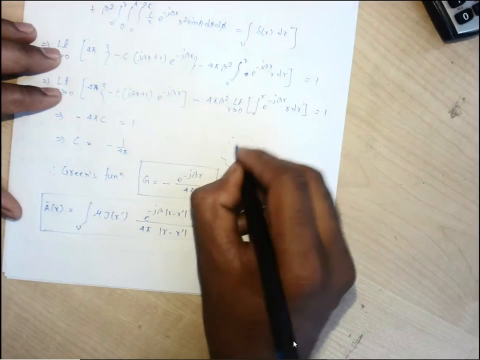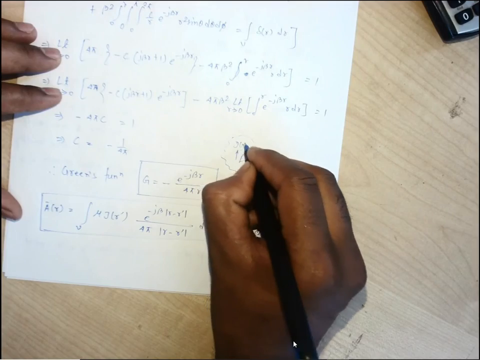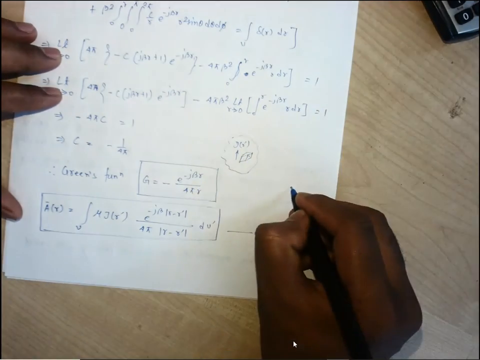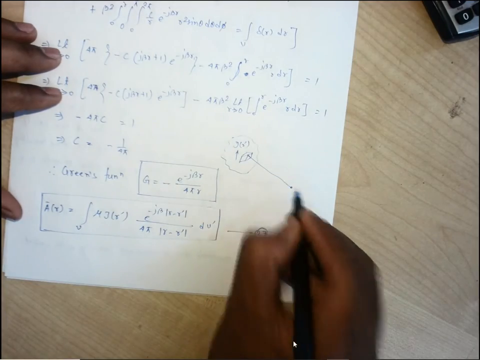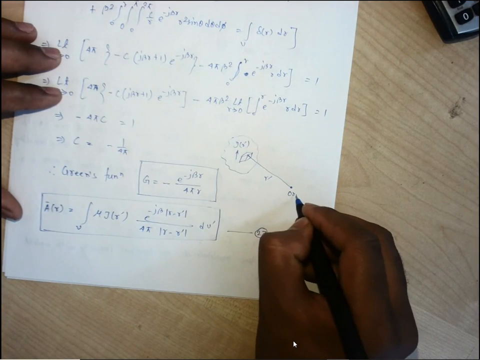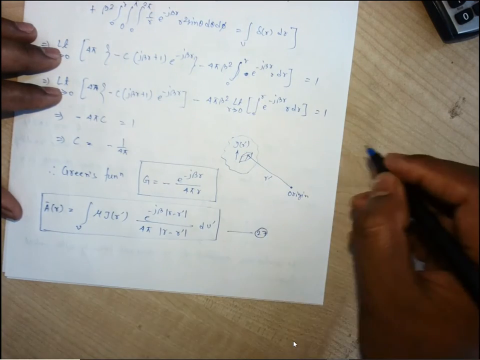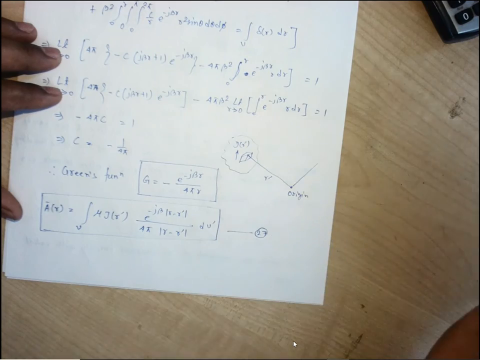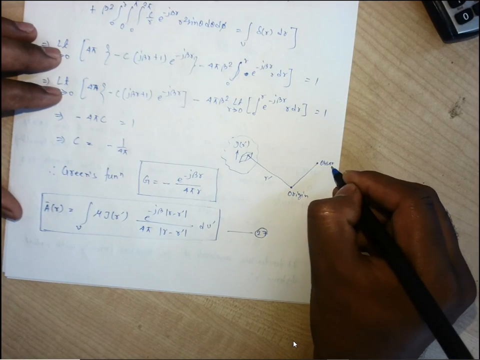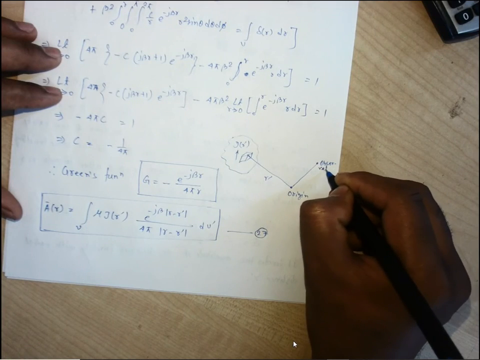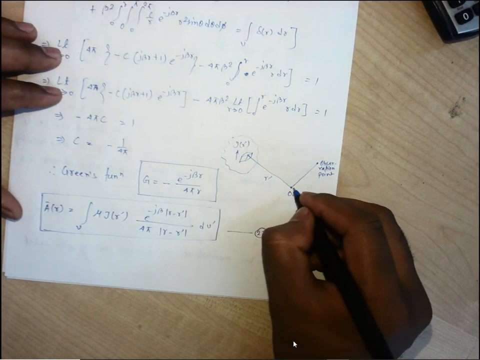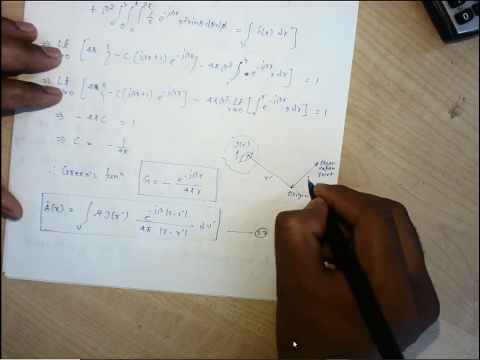Here we have this current source J(r prime). So if we consider this is our origin, it has the r prime distance. From that origin we are looking at the observation point. It has the distance of r.